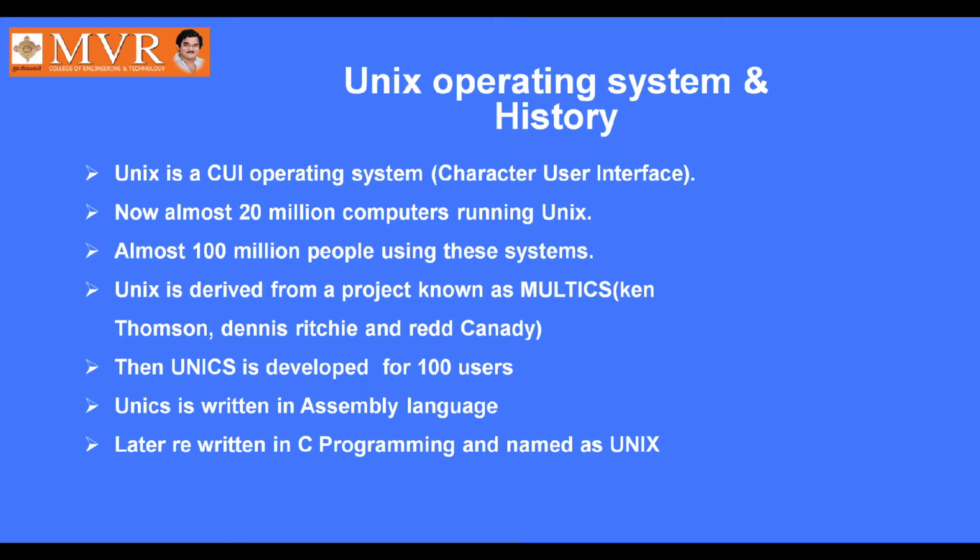Generally, when you are going to study the history of the operating system, we need to discuss a few points. Before the development of the Unix operating system at AT&T Bell Labs, a software team led by Ken Thompson, Dennis Ritchie, and Red Candy were working on a project known as Multics.